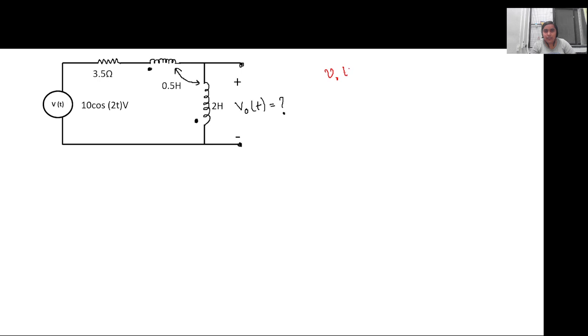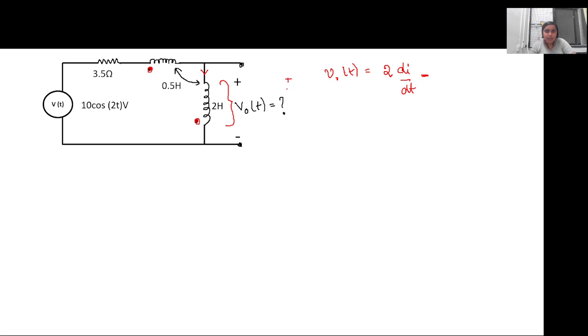So V naught(t) will be equal to the net induced EMF across this particular inductor. So it will include the self and the mutual one. Since current is flowing in this direction, the self induced EMF will be L, in this case 2 di/dt, and since the dot conventions are opposite, M will be in the reverse direction.